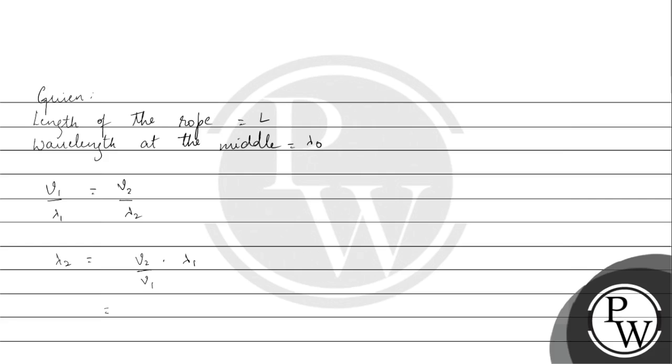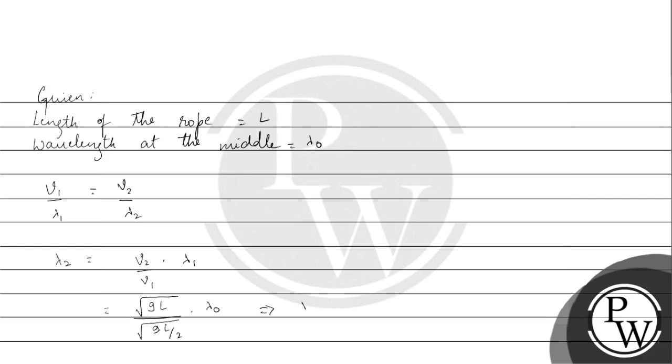So we can write v2 as square root of g into L. तो v1 हुआ root of g L by 2, into lambda 1, which is lambda naught.